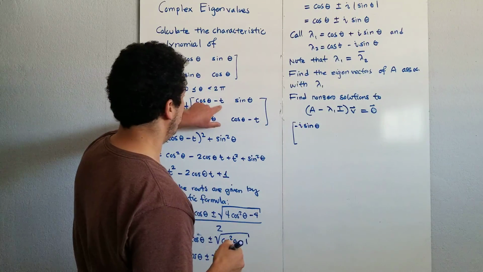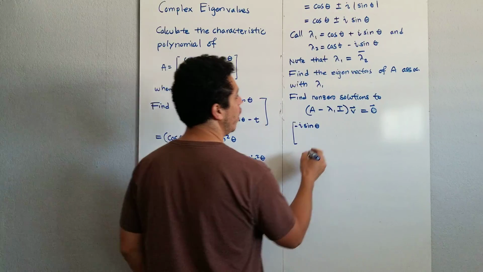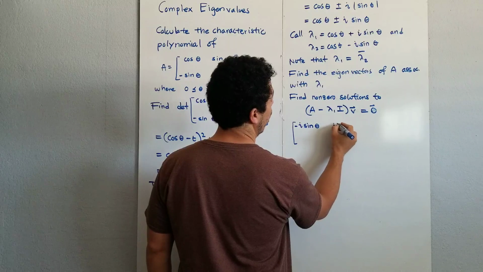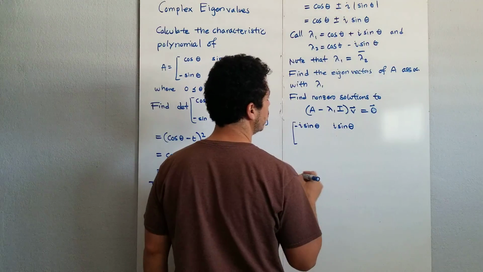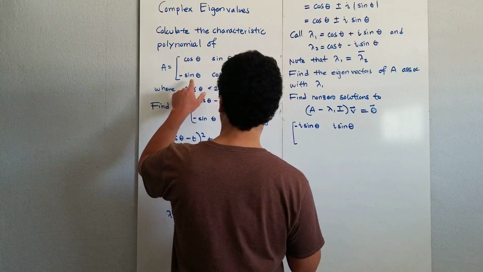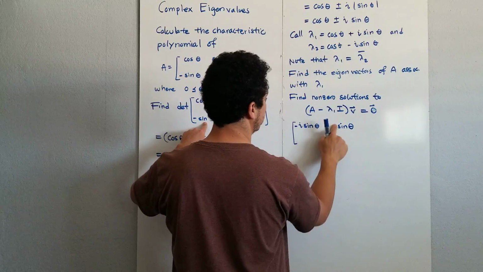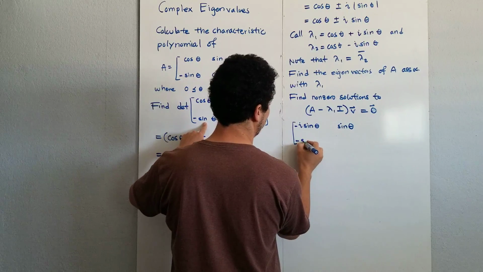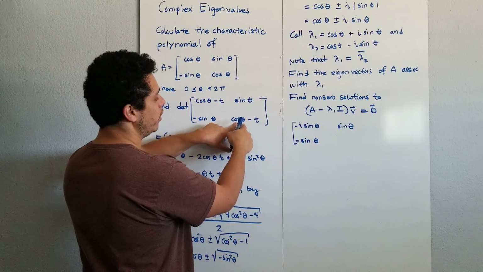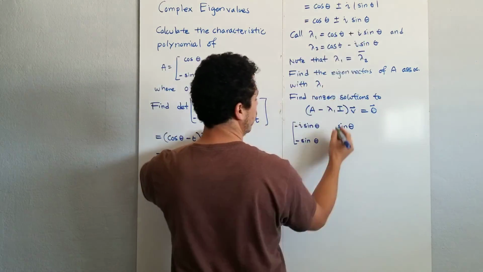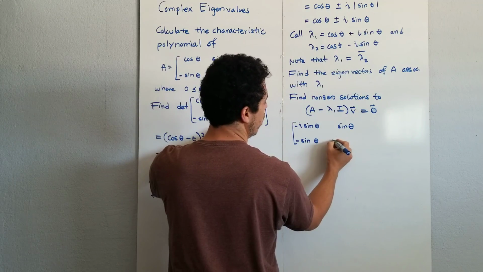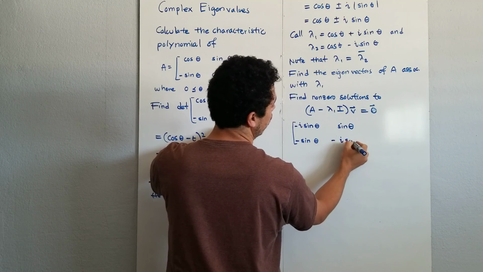I'm subtracting, remember, I'm substituting here. On the other one, I will have i sine theta for this one. Over here, that remains the same, so we'll have negative sine theta. For this one, well, I'm subtracting, so I will have cosine gets cancelled, and this one becomes negative i sine theta.